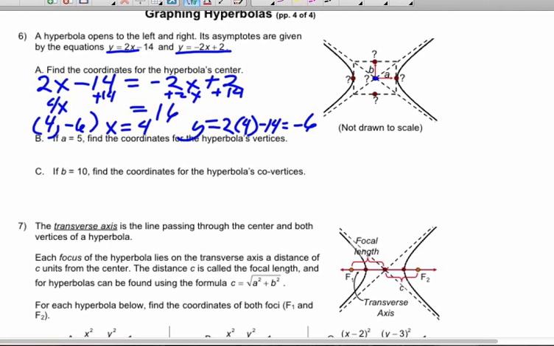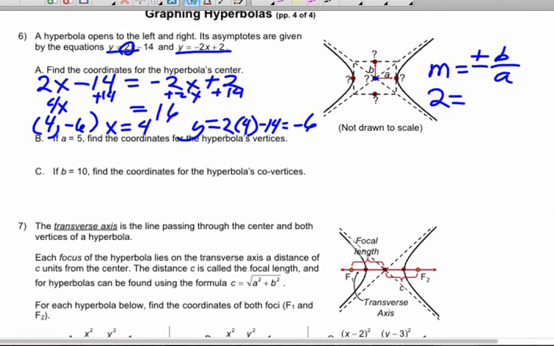And if you remember right, the slope for these was plus and minus b over a. And since we're just given a 2, we need to know something about what a is. So what I do know is my slope is 2, and that's going to equal 2.